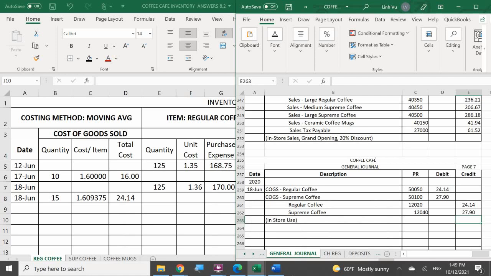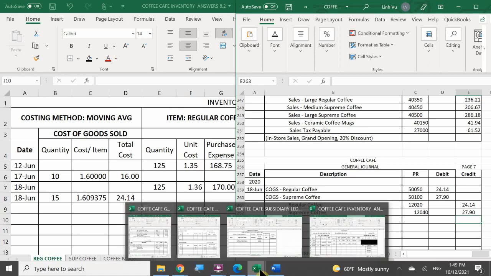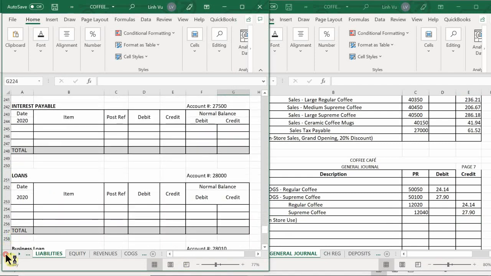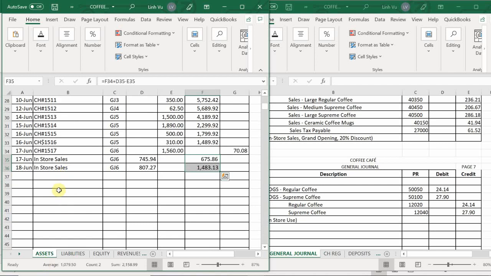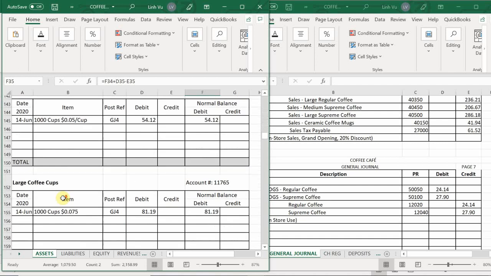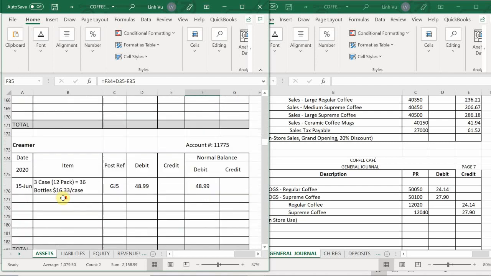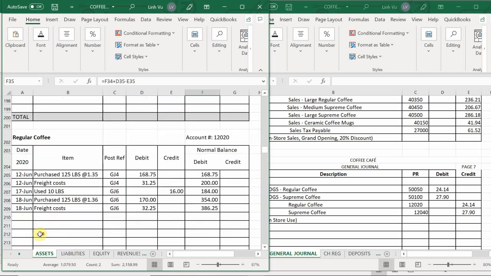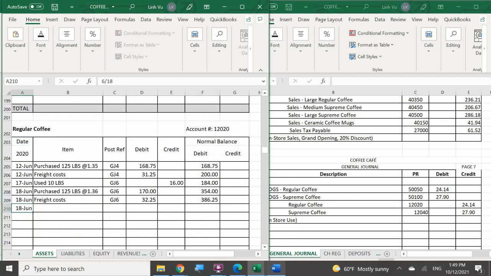So we go into the ledger. This is the 18th. Okay, regular coffee. So how much do we have as a debit? So we have 383.25 plus 24.24.